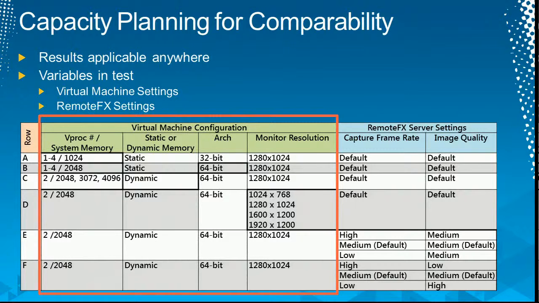We also use dynamic and static memory. So dynamic memory is the feature that's shipped also with RemoteFX in SP1 that applies to RemoteFX and non-RemoteFX. And we also did tests using dynamic memory with RemoteFX. And then I also changed the architecture, that's my way of saying I changed from 64-bit and 32-bit operating systems. And the last one is I changed the monitor resolutions.